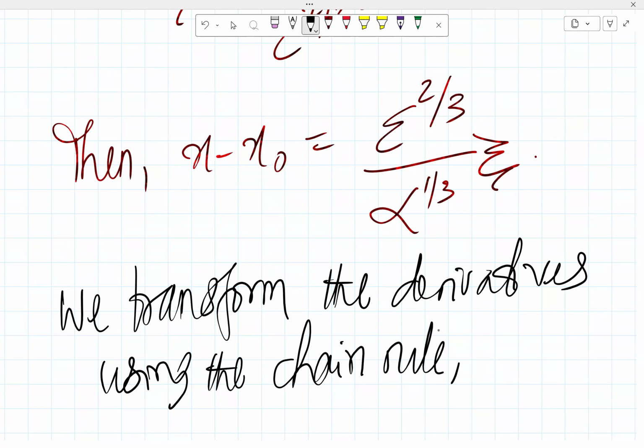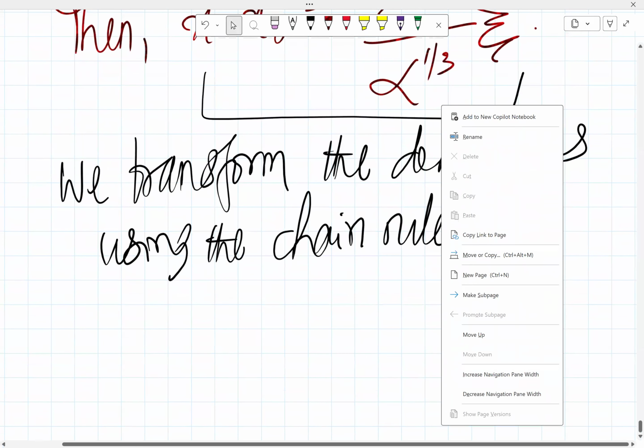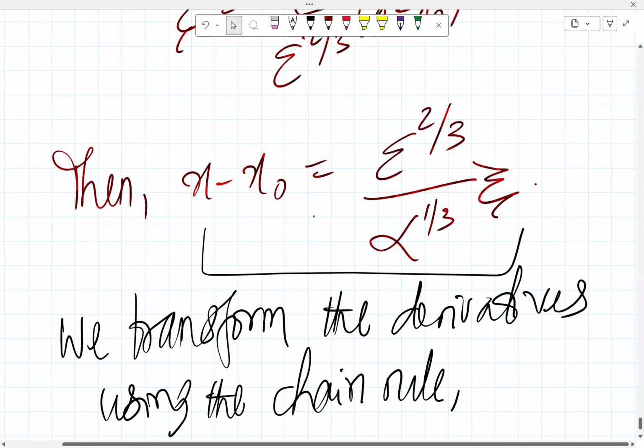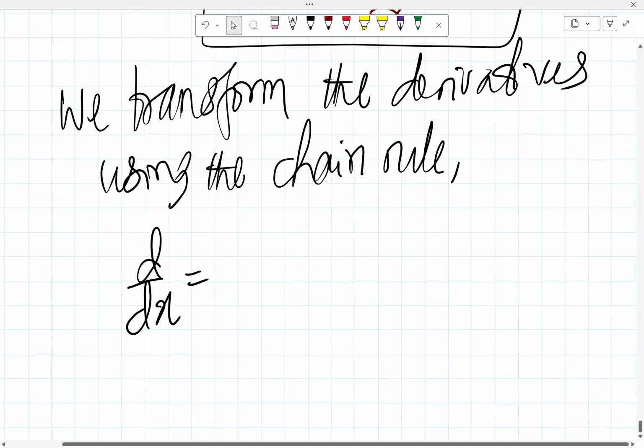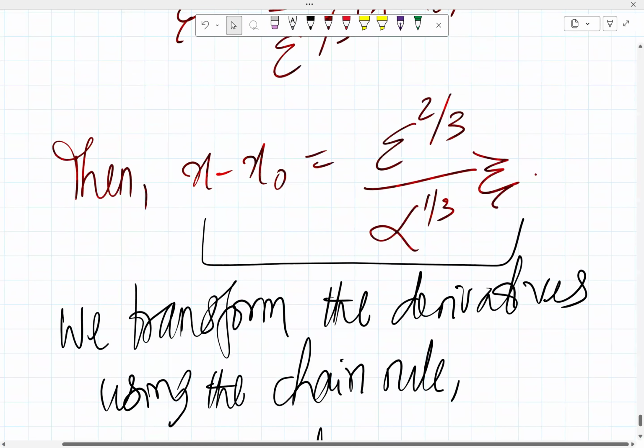That simply means that d/dx equals d psi/dx times d/d psi.